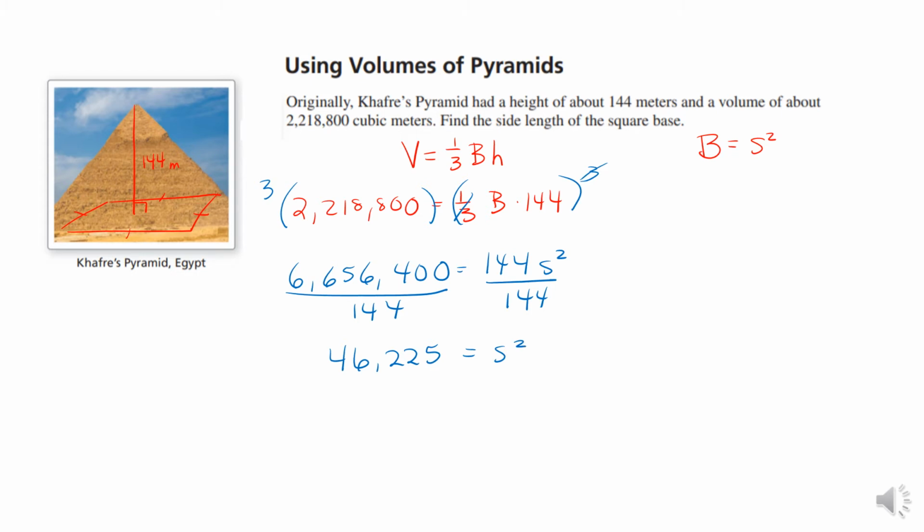Then I'm going to go ahead and take the square root of both sides, and I get 215 equals x. So the side length of the original was 215 meters. It'd be kind of interesting to know what it is today. It looks like a whole section of this has fallen off, so that would definitely erode our side length.